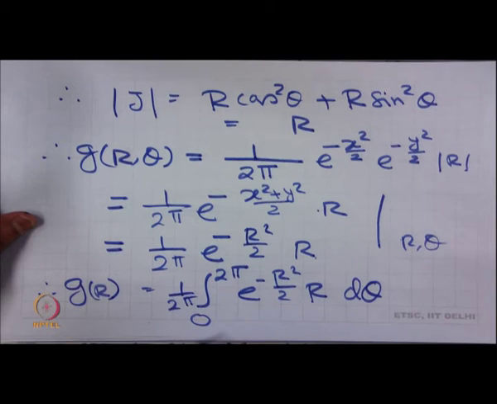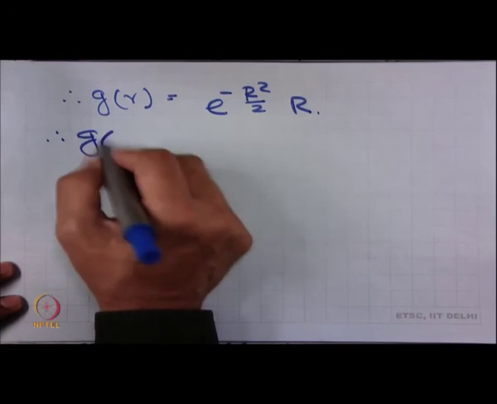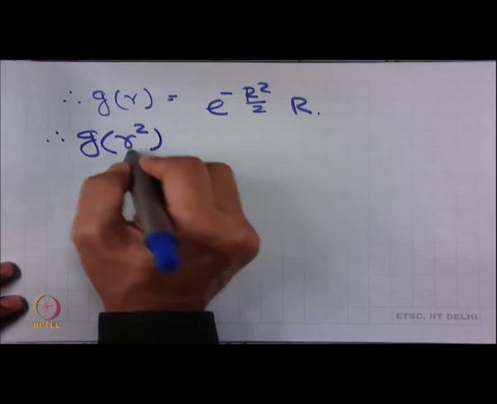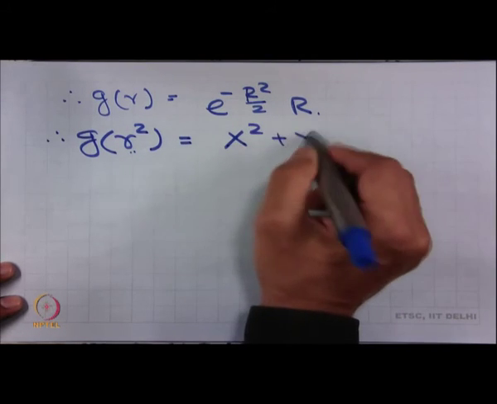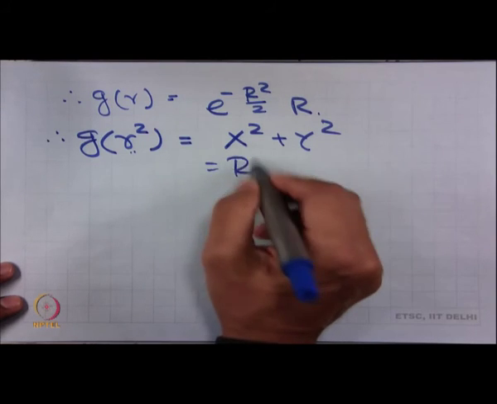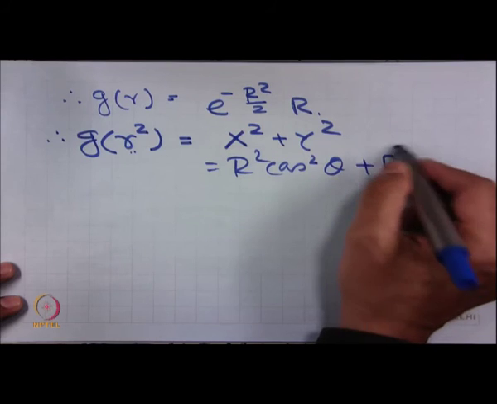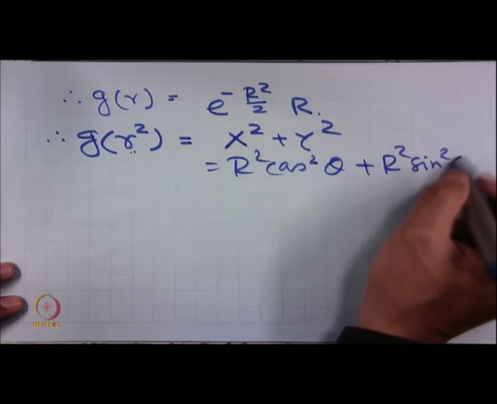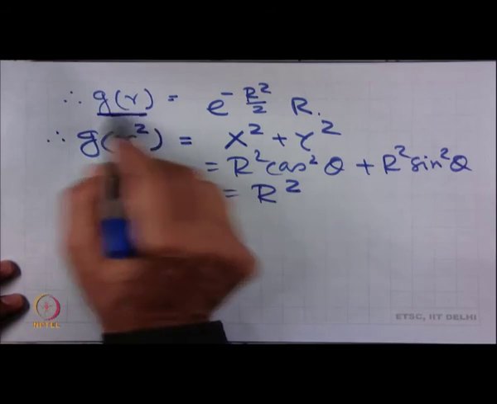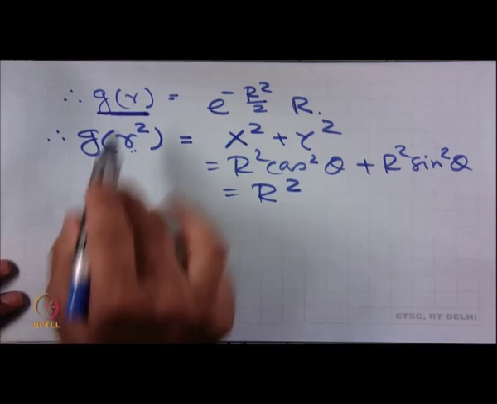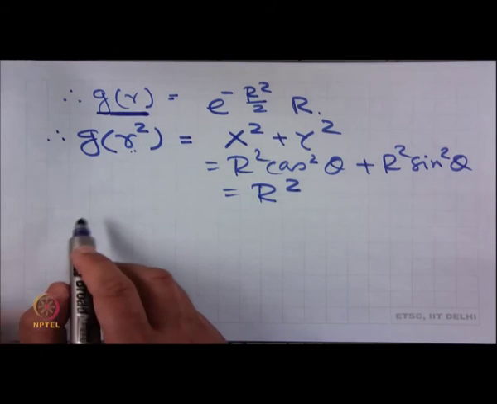Therefore, what we get is, but we need to find out the density of r square, because we need x square plus y square, which is equal to r square cos square theta plus r square sin square theta, which is equal to r square. But so far we obtained the PDF of r. Now, we need to find out the PDF of r square.